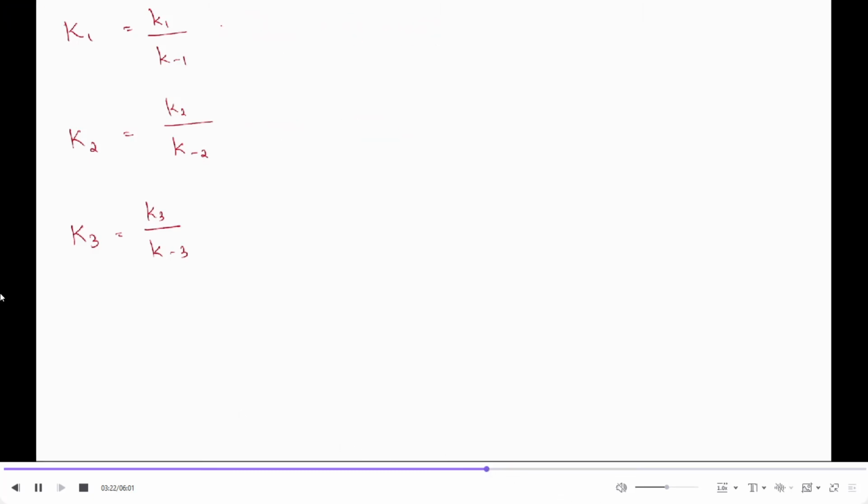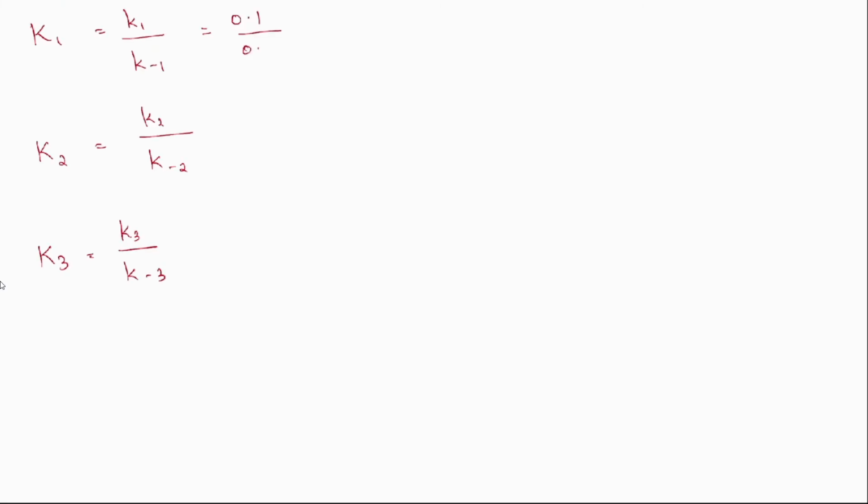We have k1 as 0.1 and k minus 1 as 0.2, and the ratio will be 0.5. Similarly, the equilibrium constant K2 will be 1 by 10, and that is 0.1. Now for the equilibrium constant K3, we have the forward rate constant small k3, but we need to find k minus 3. So let's see how we can proceed.